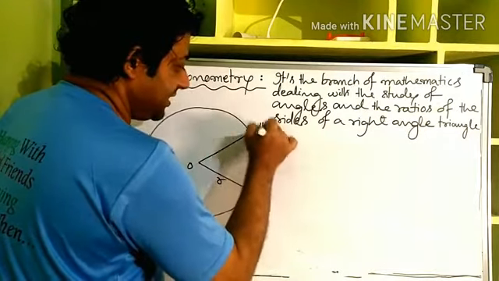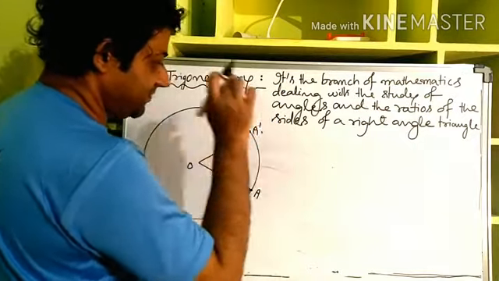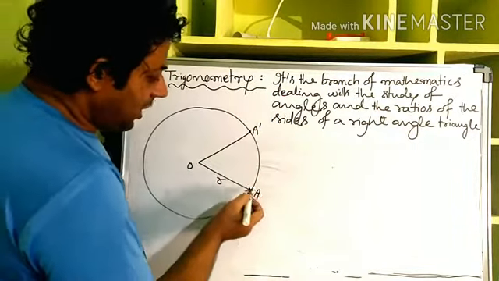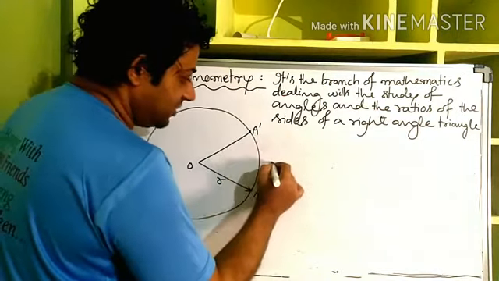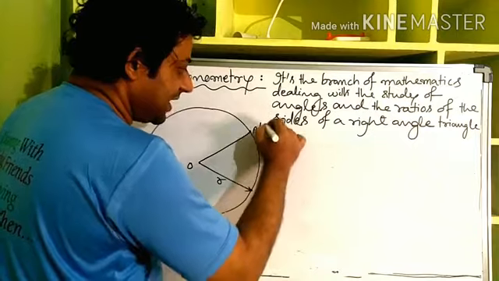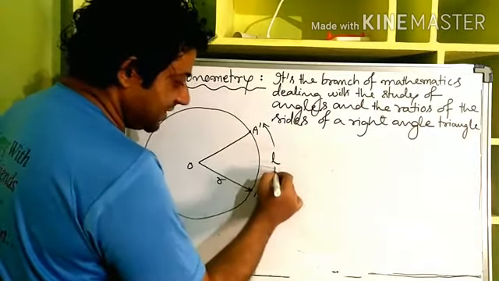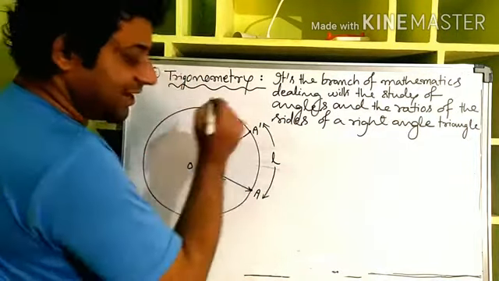Now the position is A dash, let us say. Now this has moved some distance along the circle, right? Let us call that L, the length of the arc AA dash.